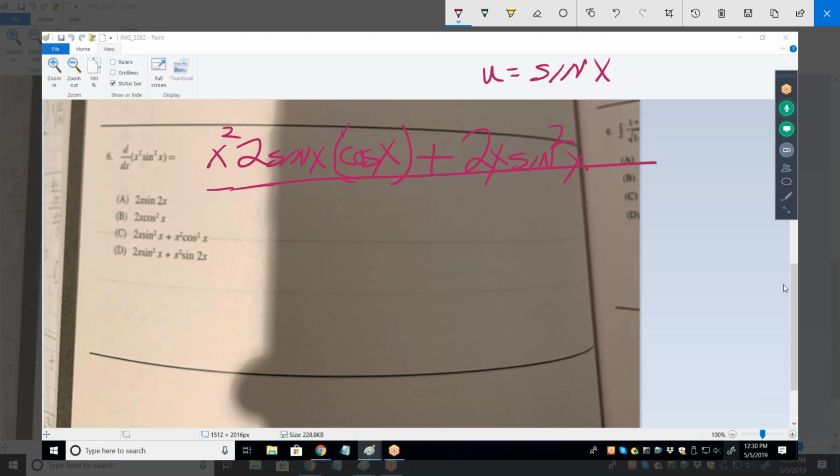There's an x squared, there's an x, and there's a 2 in both parts, and there's a sine x in both. So what does that leave? That leaves x times cosine x plus sine x.